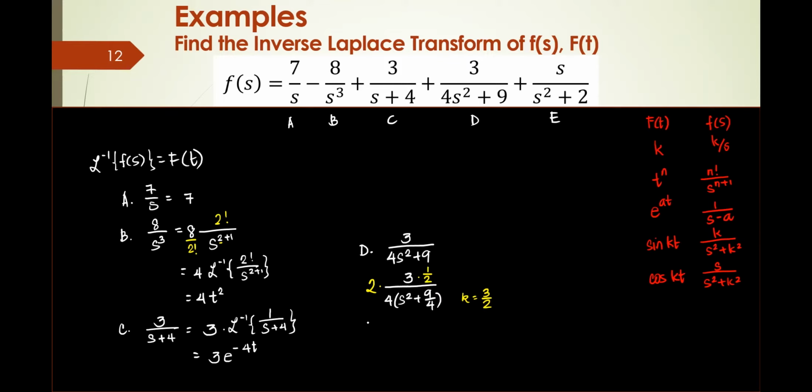So that means I need a 2. And there's a 4 at the bottom. Here, that becomes a 3 halves all over s squared plus 9/4. So this one, I can basically say that's just 1/2 times the inverse Laplace of 3 halves over s squared plus 9/4. Can you give me the answer for this one?